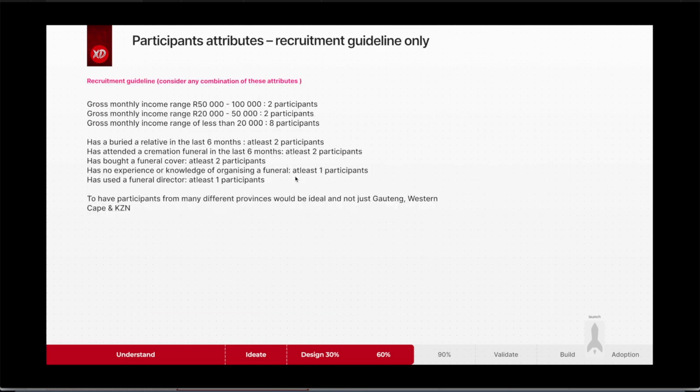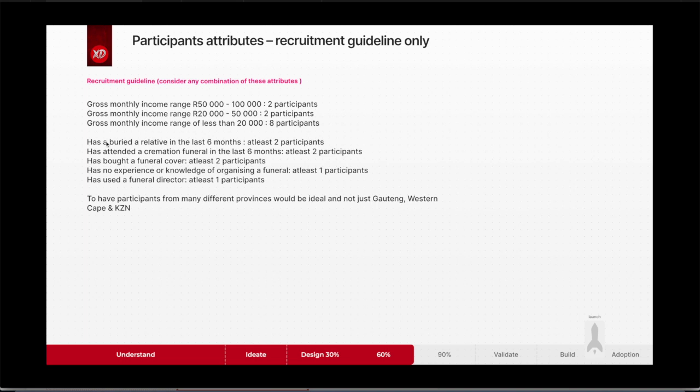So beyond just looking at data, we also need to think about the events that people have experienced, just to make sure that we recruit people who have relevant experience, who can give us insights, and people who can help us improve the funeral cost calculator.